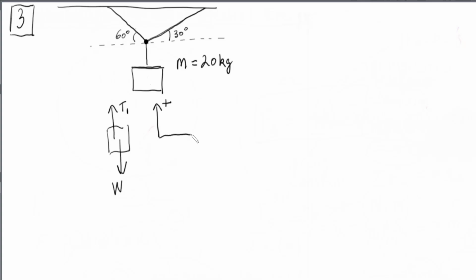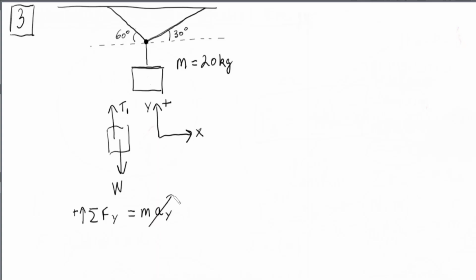There's no actual movement happening here, so the acceleration is going to be 0. And we don't really need an x coordinate system, but I'll leave it in there anyway. So if there's no acceleration happening in the y direction, we can just say the forces in the y direction, where I've made up as positive, is equal to ma of y.